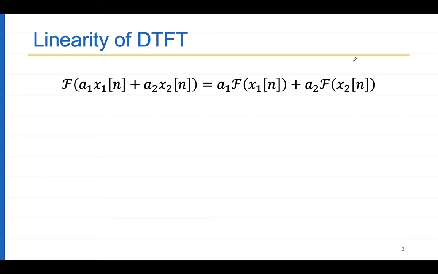And how do you prove it? It's very simple. You know, X(e^jω) is given by x[n] e^(-jωn) summed over all n's.